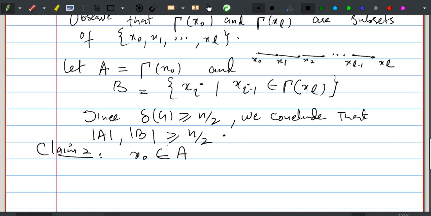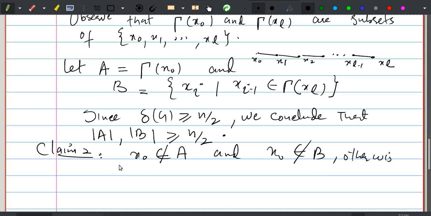So x naught is not in A, and similarly x naught is not in B. Otherwise there is some y which will be equal to x.